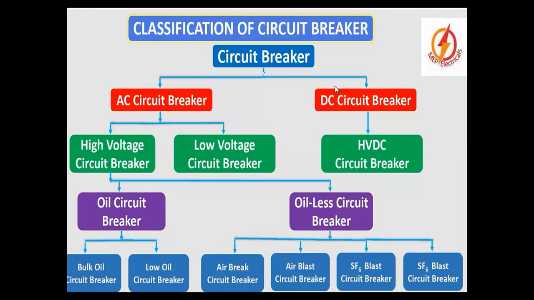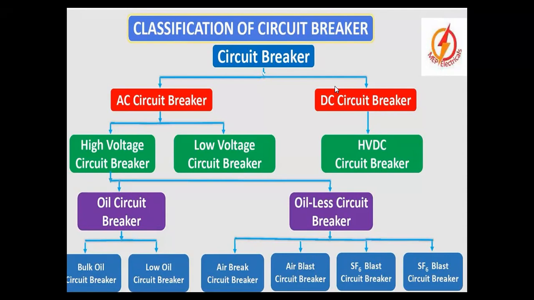In oil circuit breaker, again there are two types: the bulk oil circuit breaker, and the low oil, also called minimum oil circuit breaker. Bulk means we are using oil in bulk form, and in the minimum or low oil circuit breaker, a very small percentage of oil is used only for arc extinction, and the other part of that circuit breaker is cooled by other means.